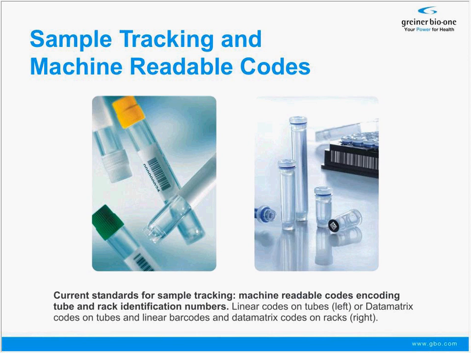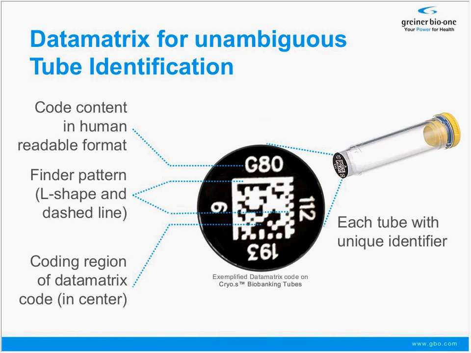Linear barcodes are one option here. On the right-hand side, you see a biobanking tube with a data matrix code. That's the other option that is used today. Matrix code is a little bit more the modern standard. It reveals several advantages over linear barcodes, which you will see in a few minutes.